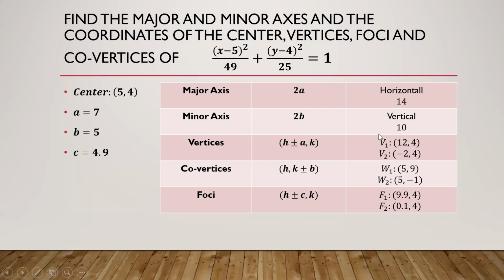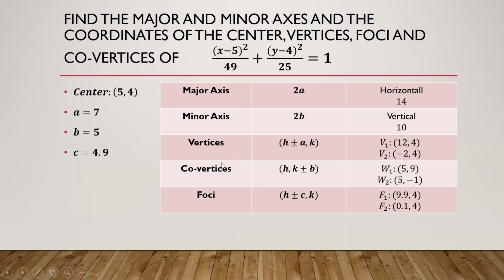So our first vertex is 12 comma 4. Next, we subtract. So h minus a comma k. So again, h is 5 minus 7. That gives us negative 2. And then we just copy the k. So that's negative 2 comma 4.